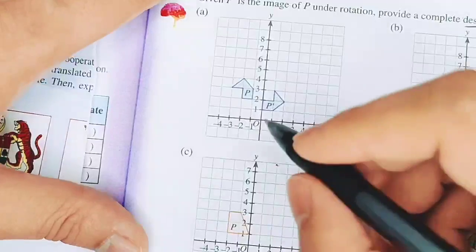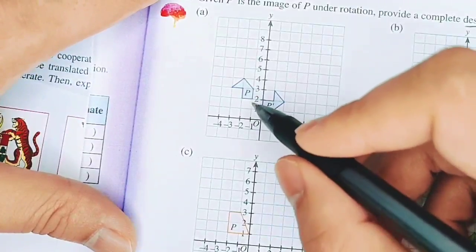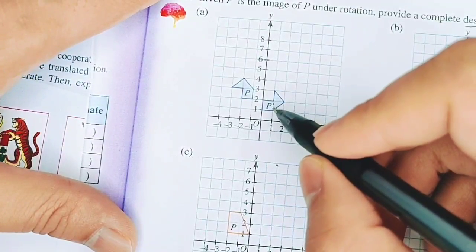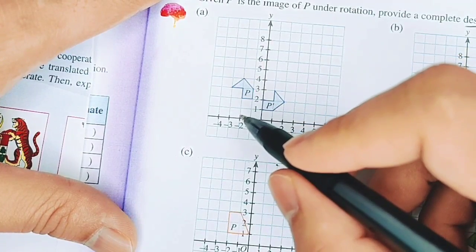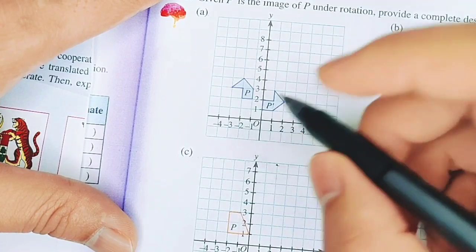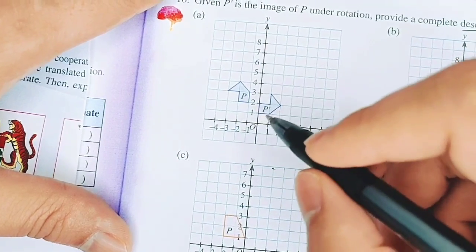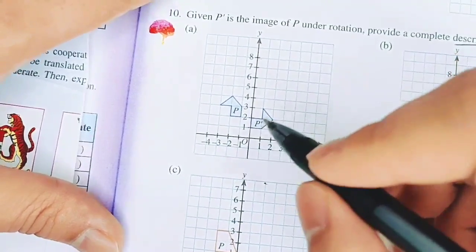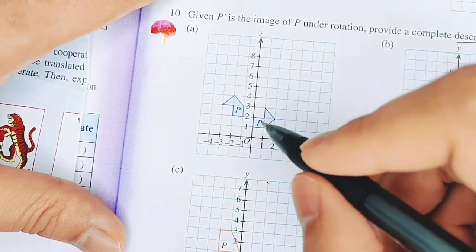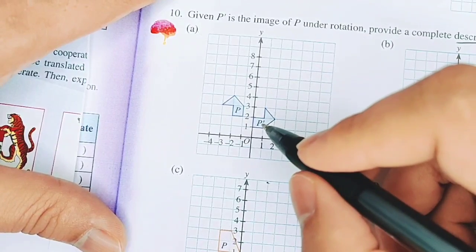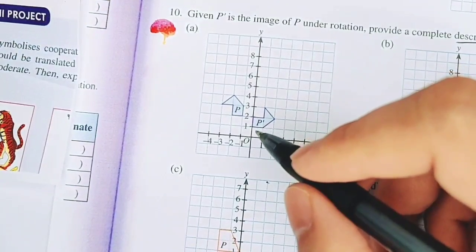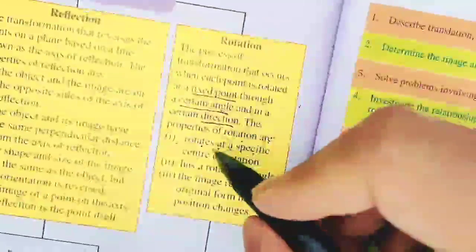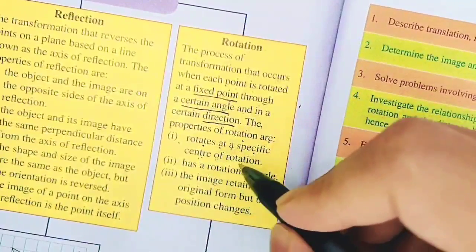So, we know that this image has been rotated from some point, but we don't know where the point is. Where is the center of rotation?